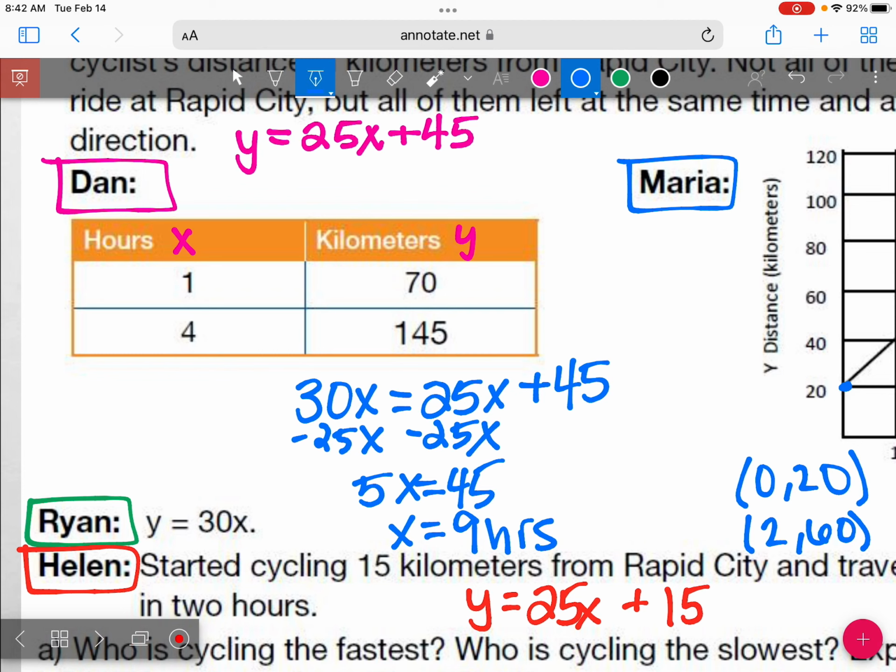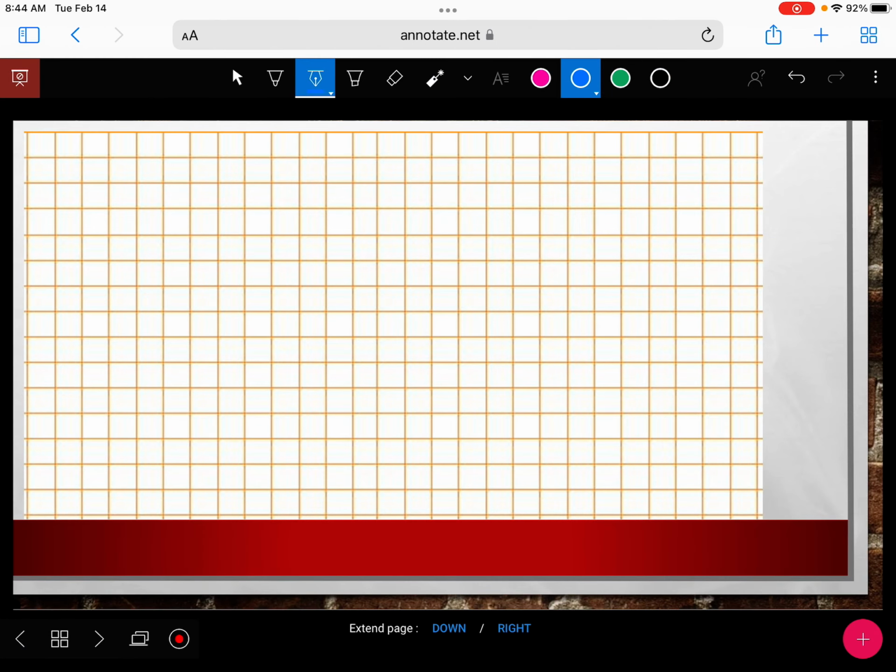Alrighty, guys. Everyone feeling good about these? Okay. Part C. Will Helen pass Maria? Yes or no? Yes. Helen will pass Maria. And what was your guys' approximation?